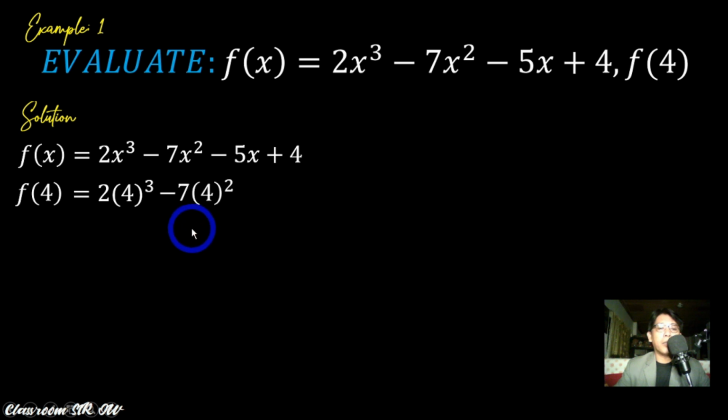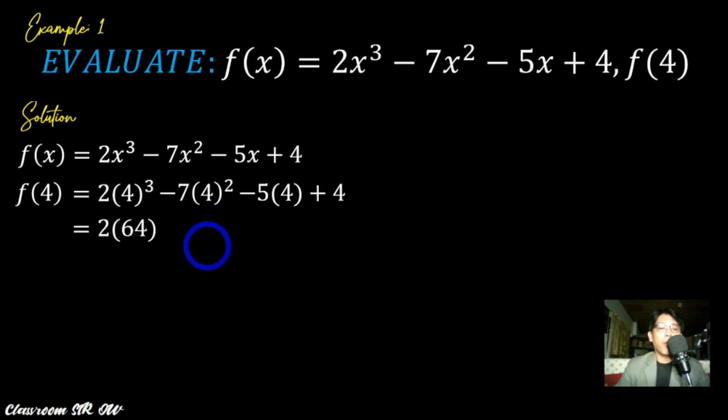Replacing x by 4, we have negative 7 times 4 squared, and negative 5 times 4, copy 4. So let us evaluate this further, and we know that 4 to the power of 3 is 4 times 4 is 16, times 4 is 64. So we have 2 times 64.